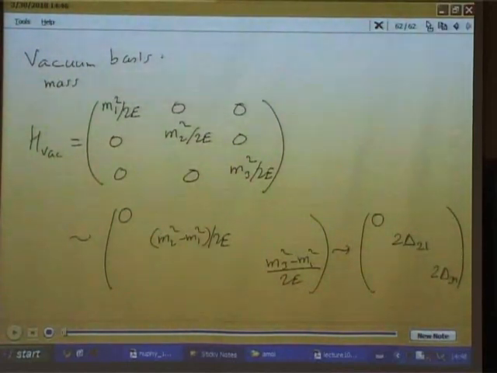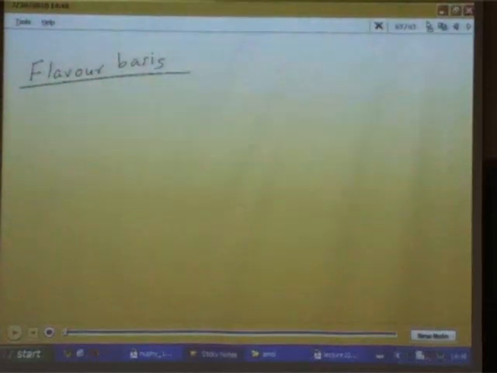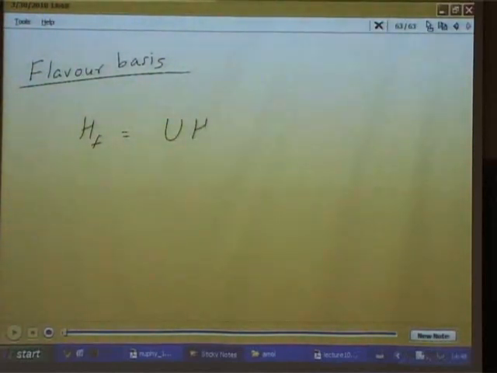So now we'll go to the flavor basis and see what this Hamiltonian becomes. In the flavor basis, the Hamiltonian is U times the Hamiltonian in the mass basis times U dagger, a simple basis transformation from flavor to mass to flavor. So this is perfectly fine in vacuum. Now we are going to add the matter potential.